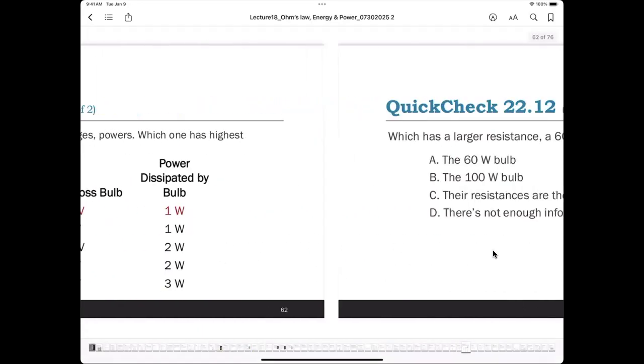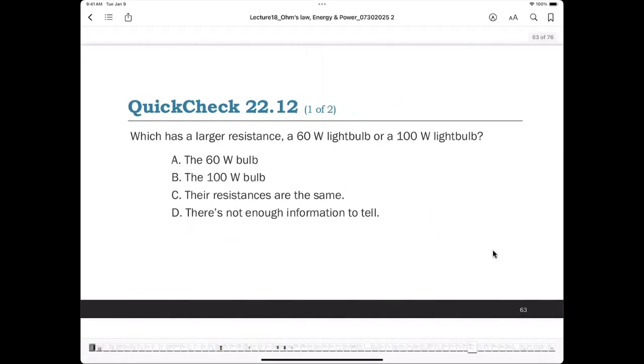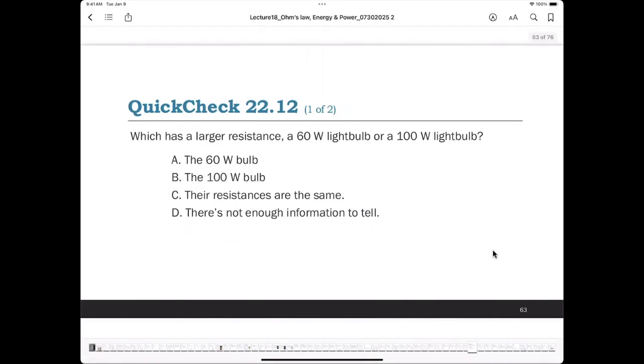Okay, let's talk about the other one, which has a higher resistance, a 16 watt light bulb or a 100 watt light bulb.